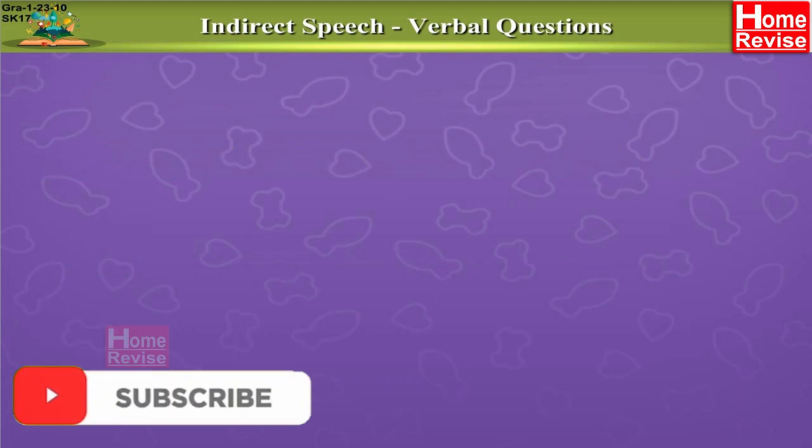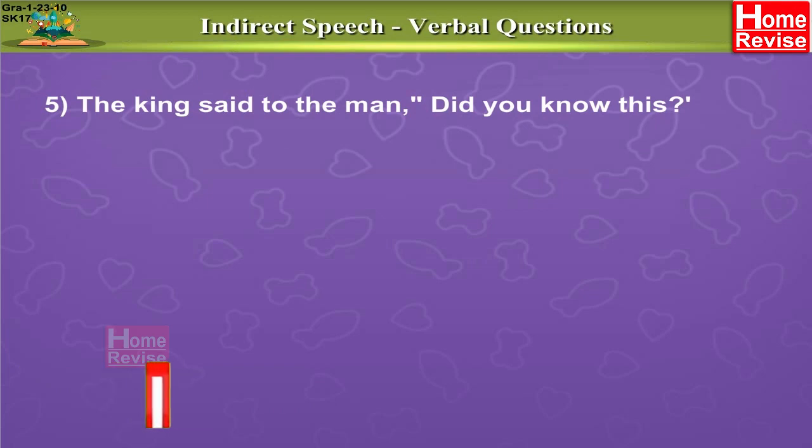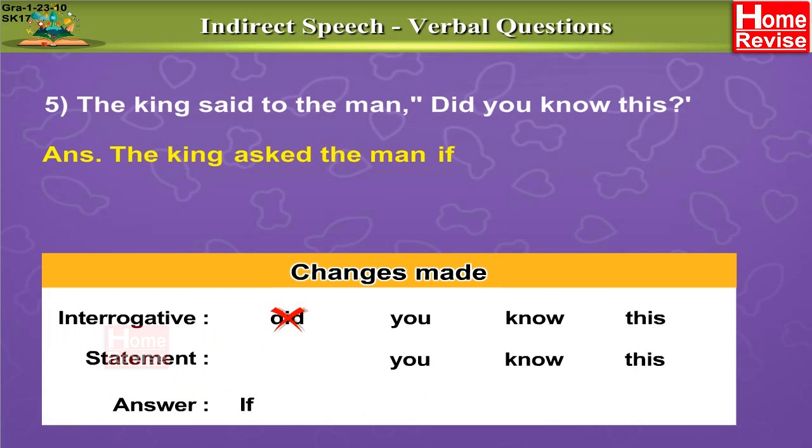Then let's take the last example. The king said to the man, "Did you know this?" Speaker, the king. Listener, the man. So you changes into he. And conjunction if or whether. Did you know this is a question; statement, you knew this.